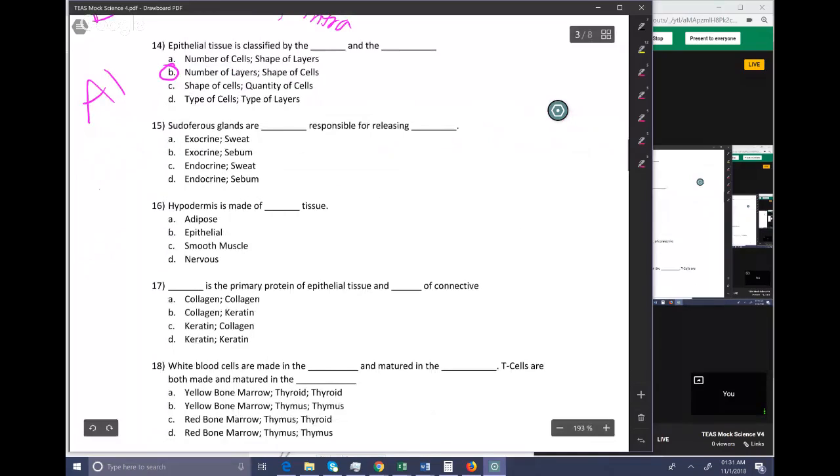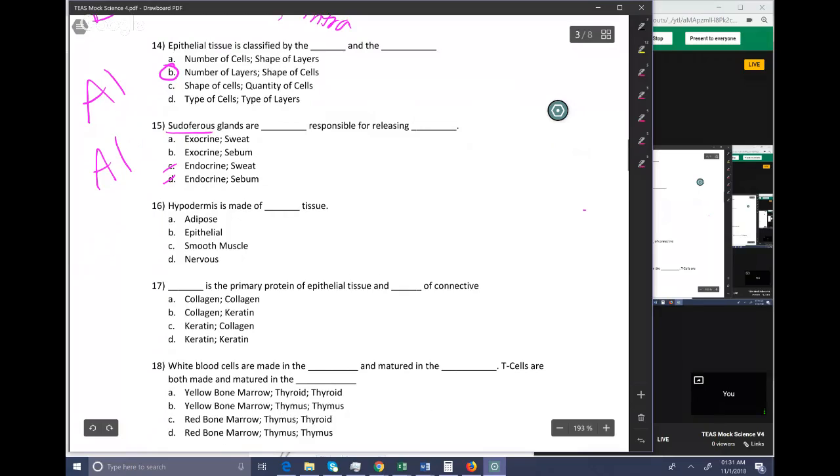15 is from Anatomy 1 also. Merocrine glands are blank and responsible for releasing blank. They are exocrine because the thing that they are releasing is leaving the body as opposed to just releasing into another part of the body. So exocrine means that it's leaving. So sweat is definitely something that is leaving.